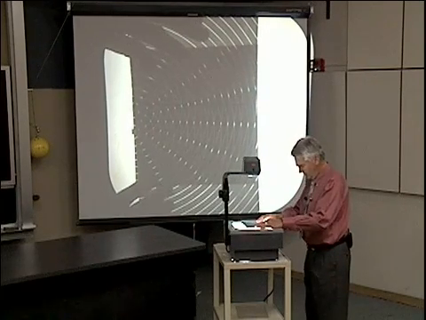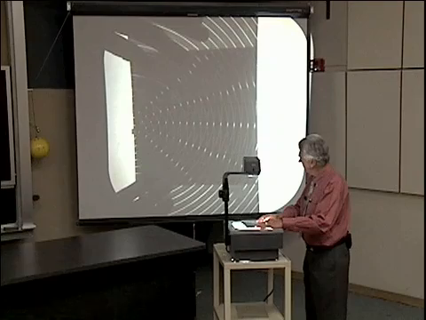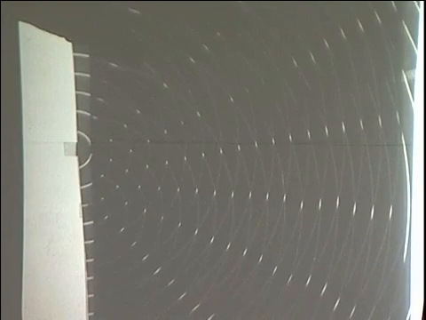And I'm going to try to bring those closer together, and notice that the pattern spreads out. So if the slits are brought closer together, the pattern spreads out. If the slits are separated, the pattern bunches up.